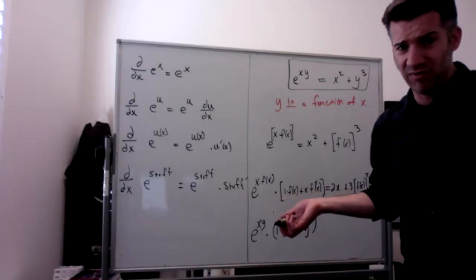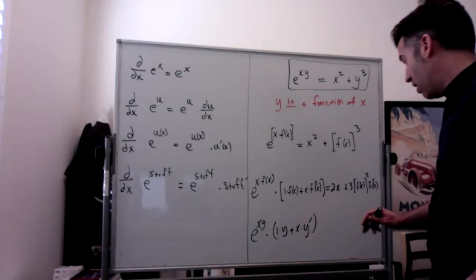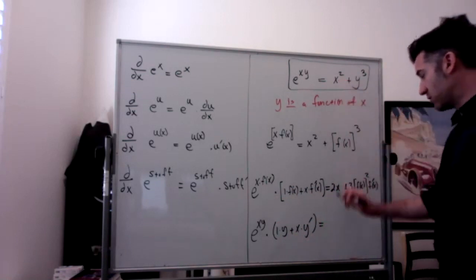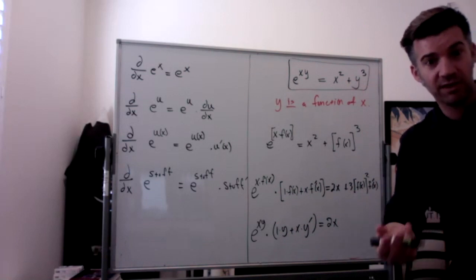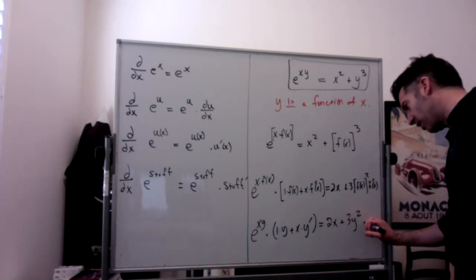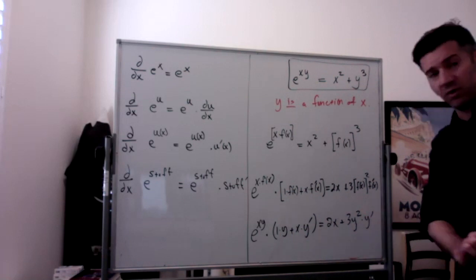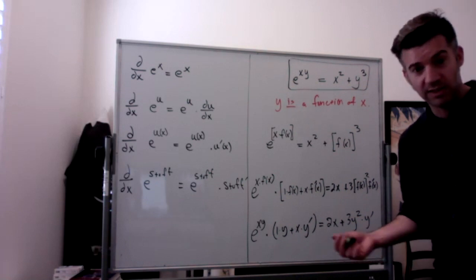If you're taking the derivative of just y, you're getting literally just the derivative of y. On the right-hand side, the derivative of x squared is still 2x. And the derivative of y cubed is 3 times your stuff squared times the derivative of your stuff.